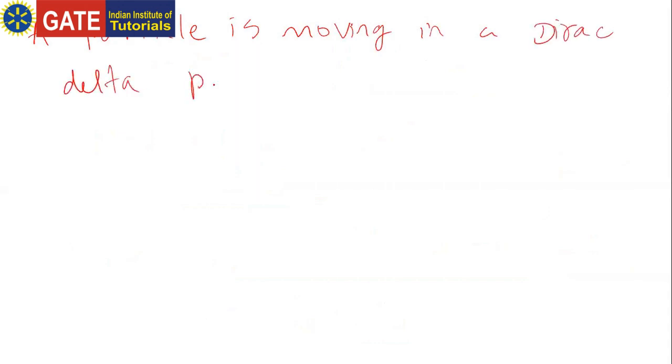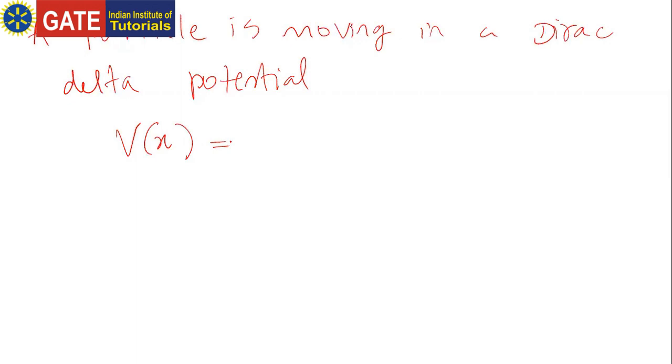A particle is moving in a Dirac delta potential, V of x equal to minus V naught delta of x.